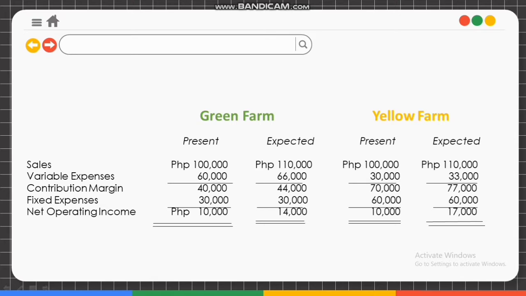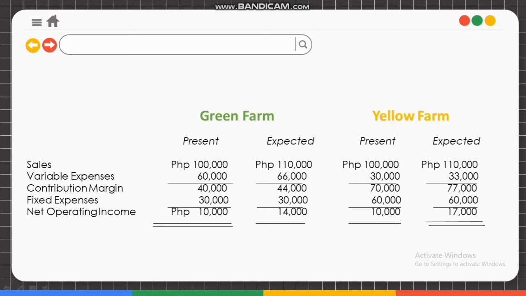The present variable expenses is 60,000 pesos and the expected variable expenses is 66,000 pesos. So, yung pag-compute ng contribution margin is yung sales minus variable expenses. So, makukuha natin dito is 100 minus 60 is equals to 40,000 pesos. Tapos dito, 110 minus 66 is equals to 44,000 pesos.